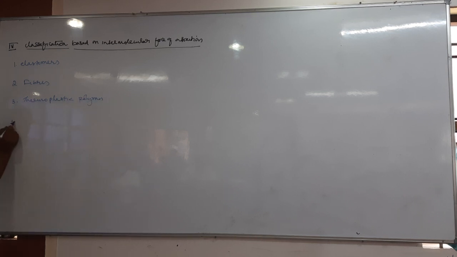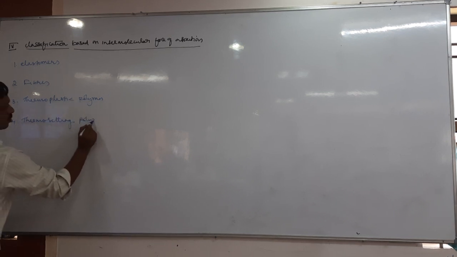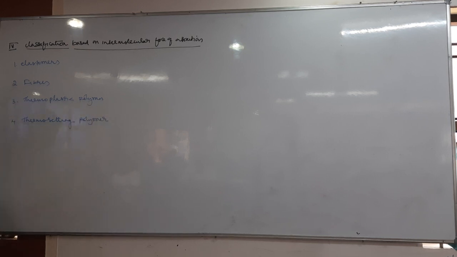And 4th one is thermosetting polymer. Right? So there are 4 types of polymers.